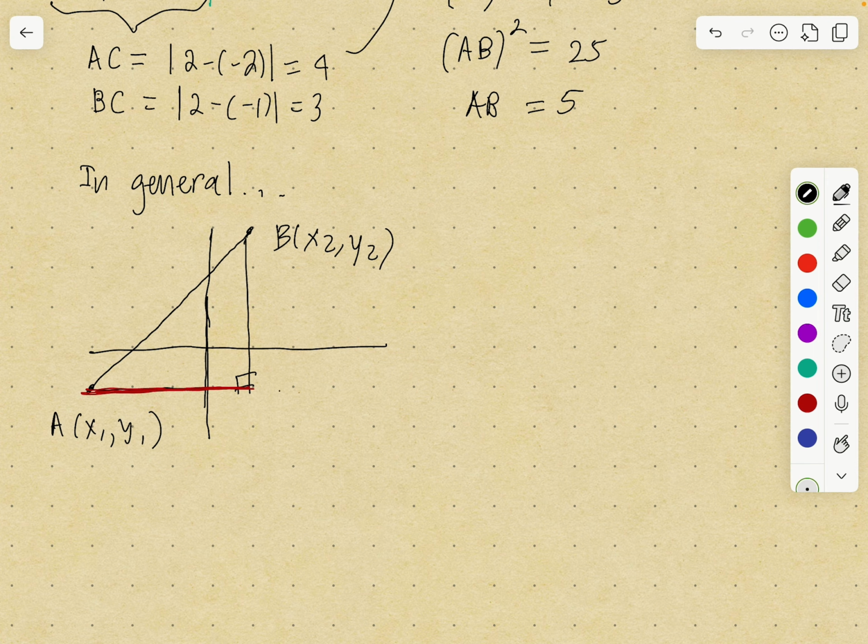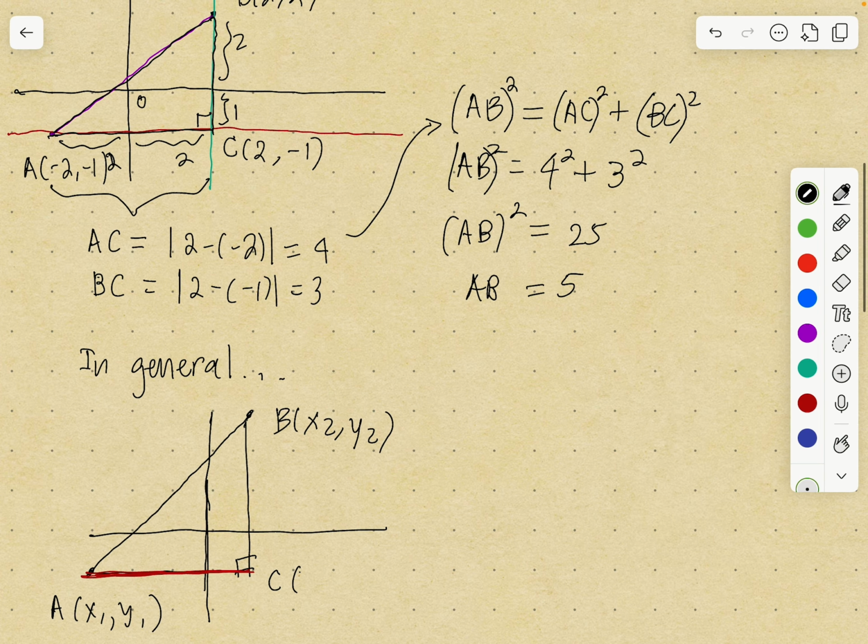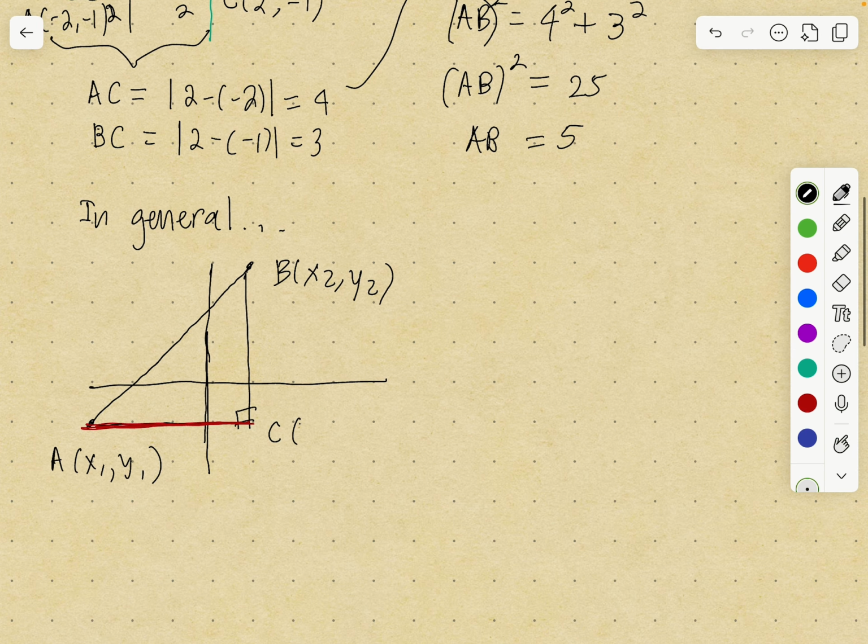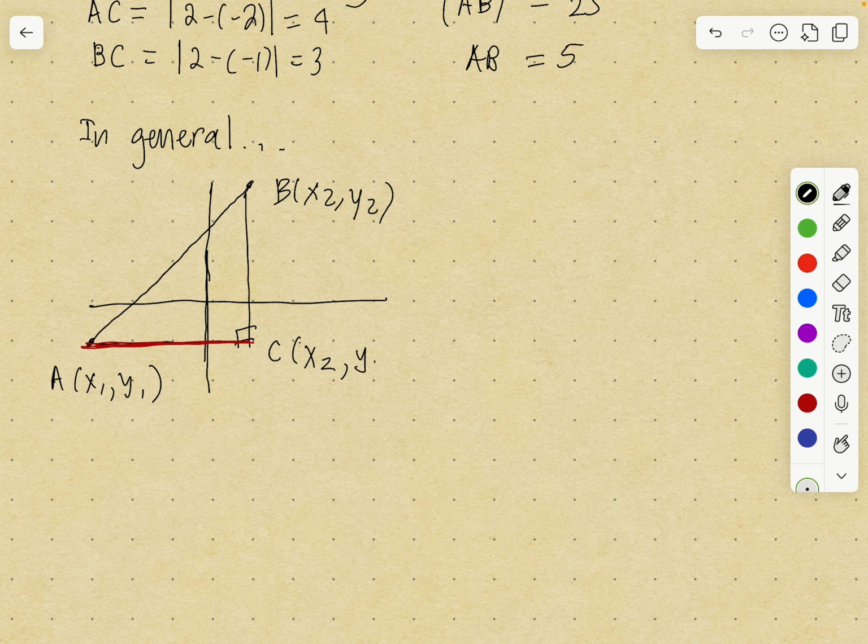Well, the coordinates of C here are, what are they? If you compare what we had above, C has the same x value as B. So the x-coordinate of C is x2, and similarly, C has the same y value as A, so this is y1.